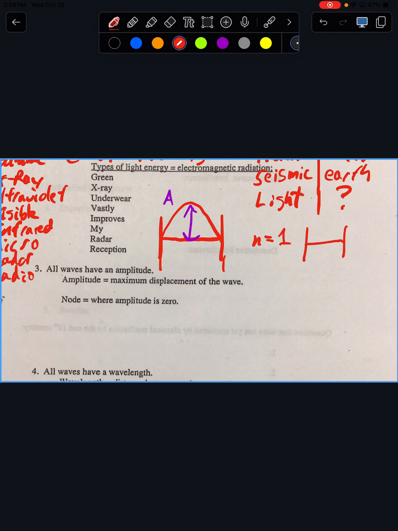So the first fundamental wave, second fundamental wave, third fundamental wave. What's the drawing showing? The fundamental wave. It's just showing the wave. It'll make more sense when I demonstrate it.